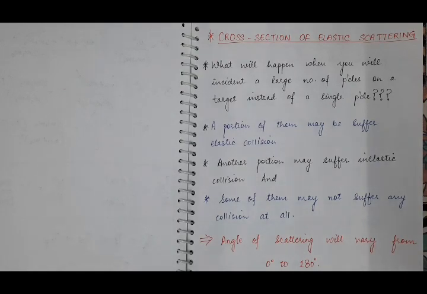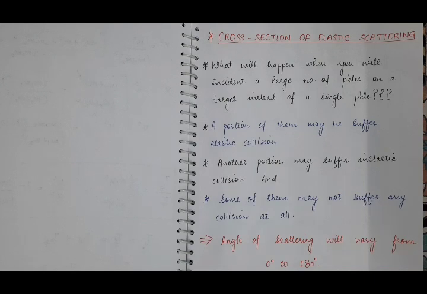So what are the possibilities when we incident a large number of particles on a large number of target particles? A portion of them may suffer elastic collision. There is a possibility that some of them will suffer elastic collision and some of them will suffer inelastic collision, and there is also a possibility that some of them may not suffer any collision at all.